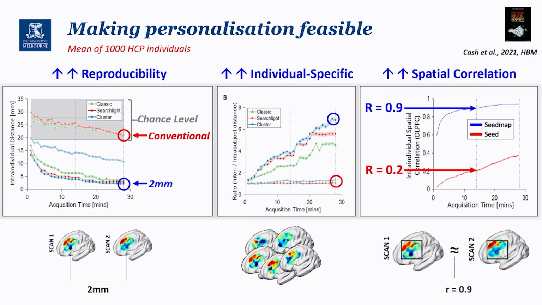I won't spend too much time on that, and we've shown that we can achieve a good spatial correlation as long as the acquisition time of our fMRI is around 15 to 20 minutes or more. If we have a very short scan, say 10 minutes or less, that doesn't give us enough data to enable a precise or a reproducible coordinate to be computed.